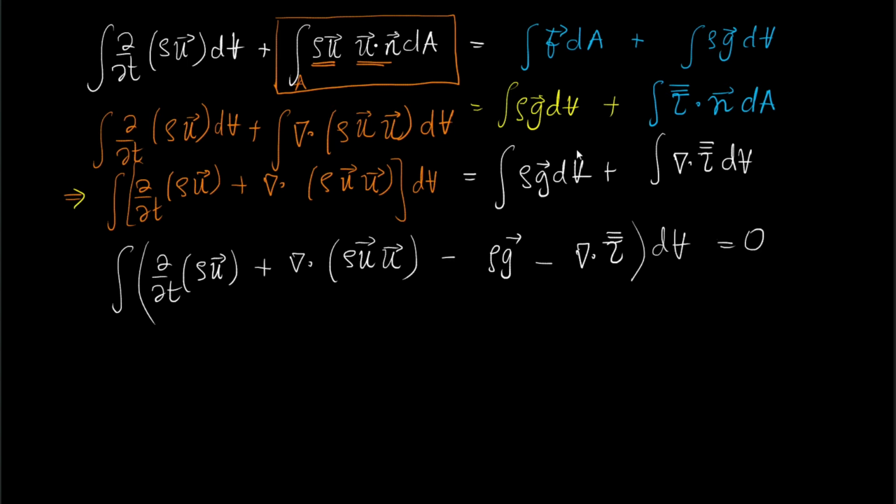And if this particular integration is to be 0 for any control volume, the integrand must be 0, which implies that at a point the statement of the conservation of momentum boils down to this particular expression.